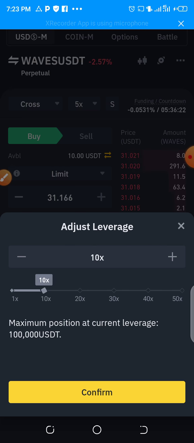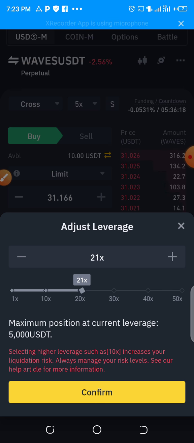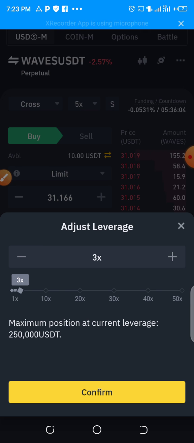So some persons use 10x, some use 20x, but for this tutorial, in order not to be liquidated, in order to play safe in future trades, in order to start small and keep building your account and never be liquidated, I will advise you to use 2x, 3x or 5x. You adjust it. See, I'm dragging the ruler, I'm adjusting it. 4x, 5x, 8x, 9x.